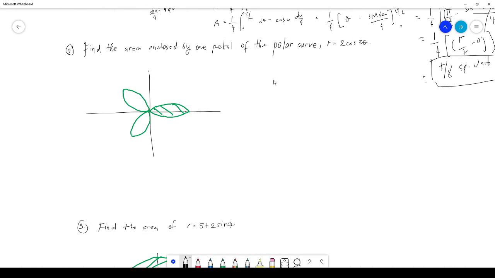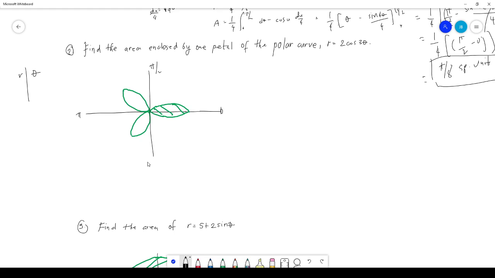Find the area enclosed by one petal of the polar curve r is equal to 2 cosine 3 theta. Again, the graphing part will not be discussed here, but you can let values of theta, get the values of r, and then plot it. Just remember that this is 0, then this is pi over 2 because that's 90 degrees. This is pi because this is 180.